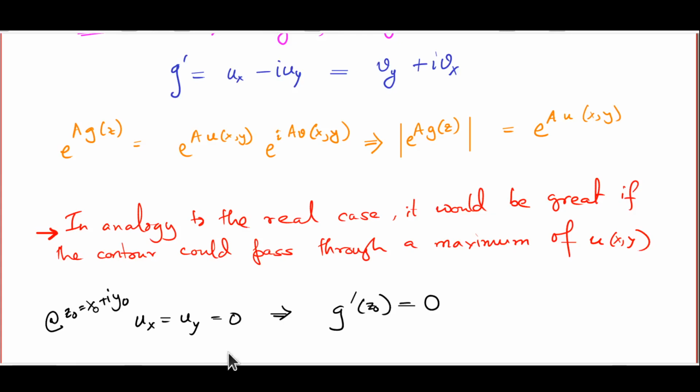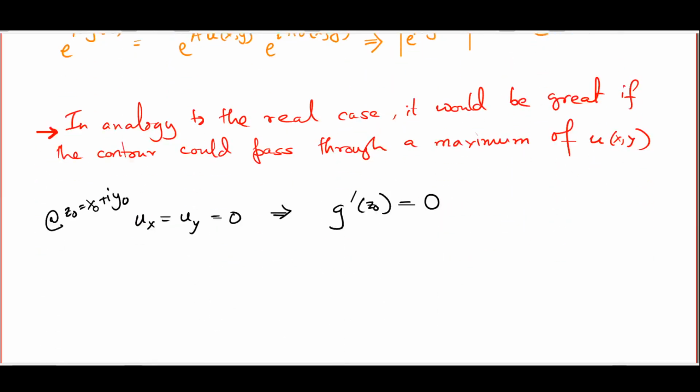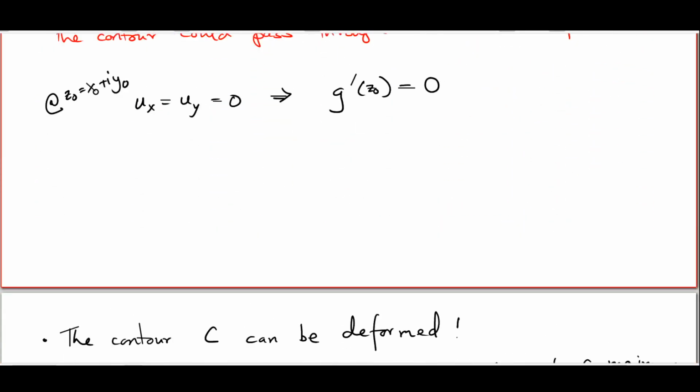So basically we are looking at a point where the derivative of the function in the exponent, g of z, vanishes. One problem is that this critical point z0 may very well not be on the contour that we are integrating along. However, we have this advantage from complex analysis that the contour C can be deformed without changing the value of the integral as long as you do not pass through any singular point of the integrand.